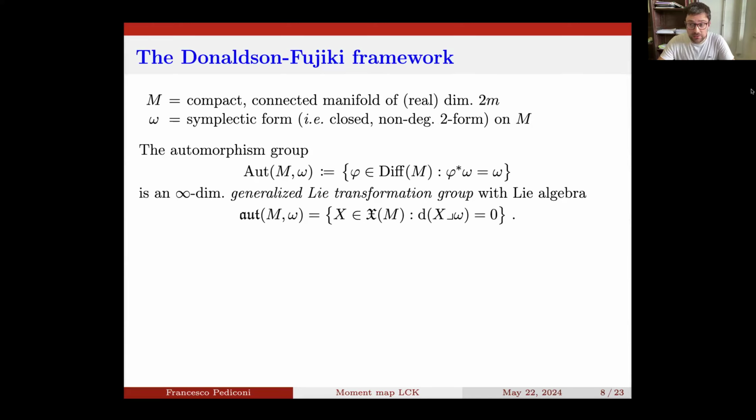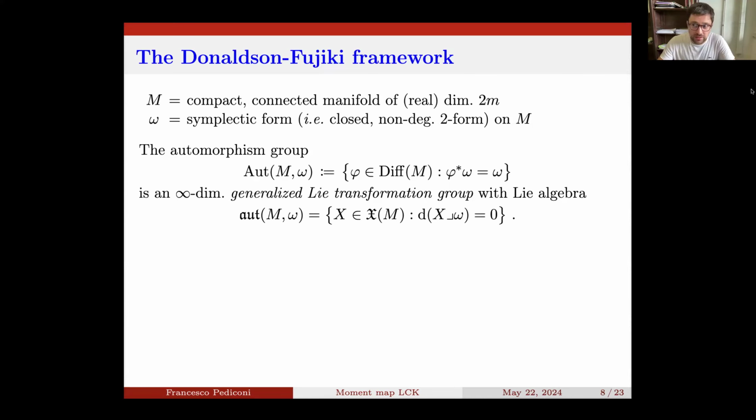Actually, it turns out that the symplectic structure is a G-structure, but it's not elliptic. So its automorphism group is not going to be a finite dimensional Lie group.